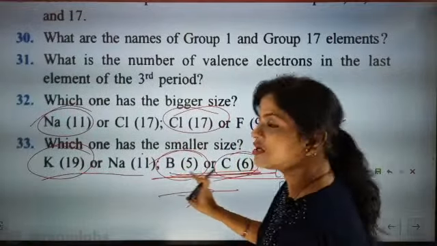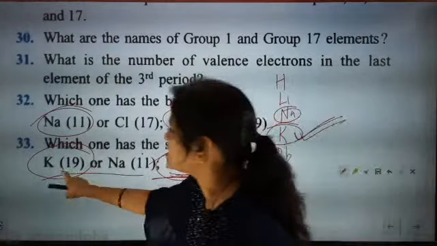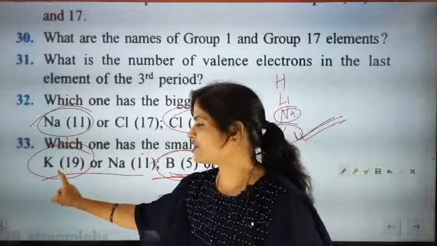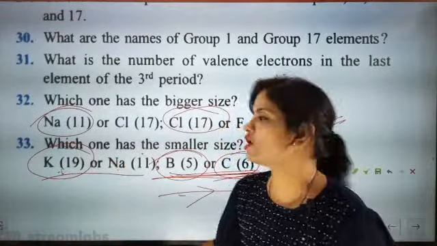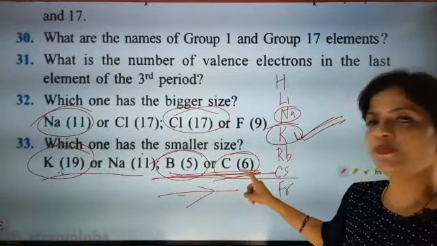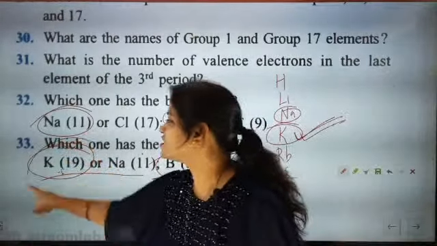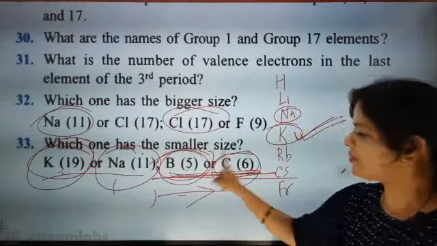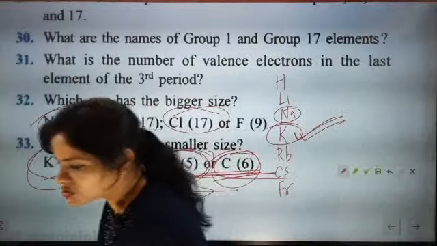So this one is bigger, so this one will be smaller. So potassium will be bigger, sodium will be smaller. B will be bigger, C will be smaller. So if this one is bigger, this one will become smaller. I hope you might have understood this point.